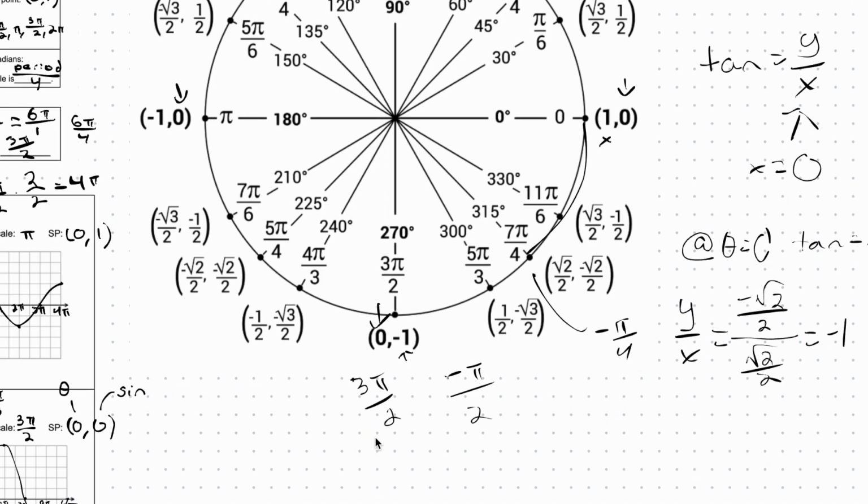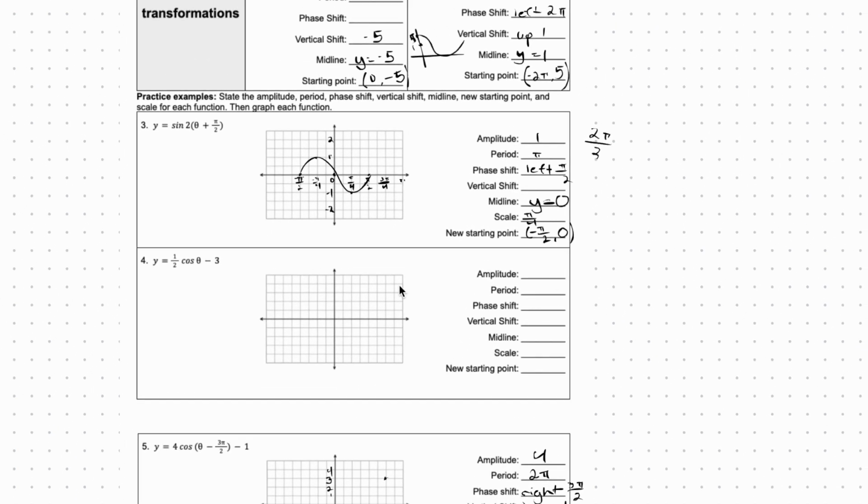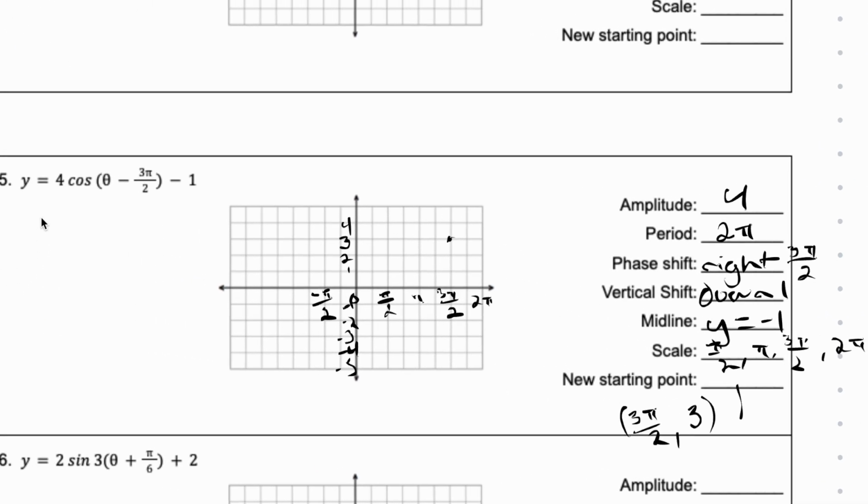Negative pi over 2 is going in the opposite direction, and 3 pi over 2 is going to go this way. Anyways, our cosine value is going to be 0 since our cosine value is x. So we have 0 times 4 is 0, minus 1 is going to be -1. So we get something like that. And then we do pi over 2.